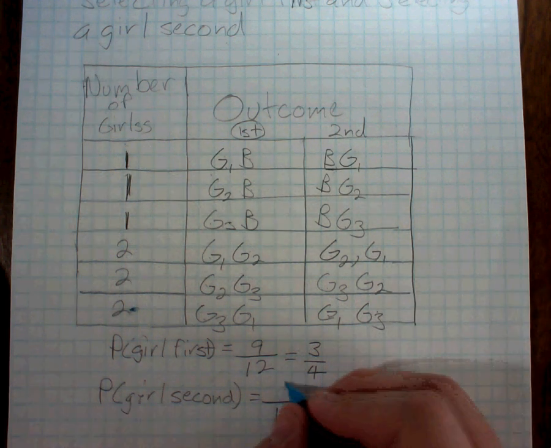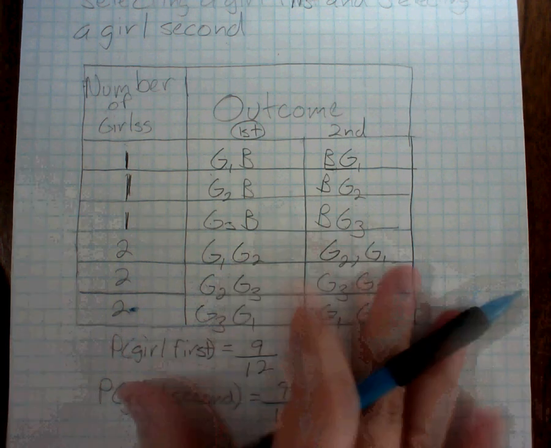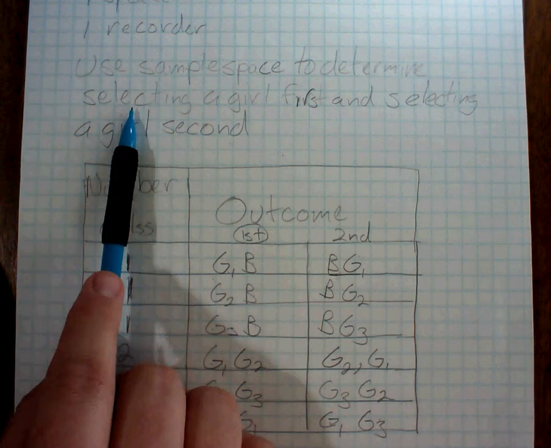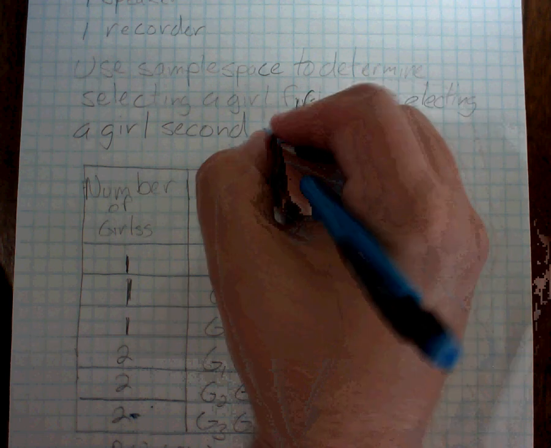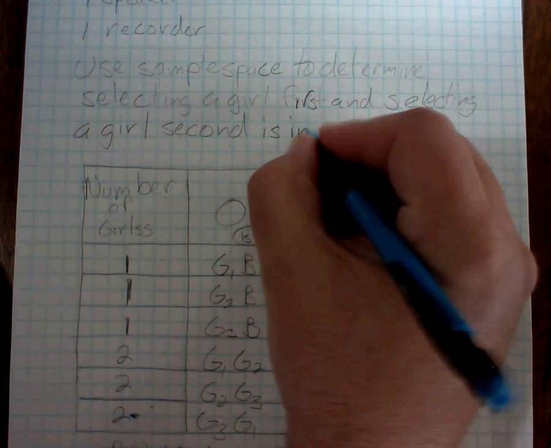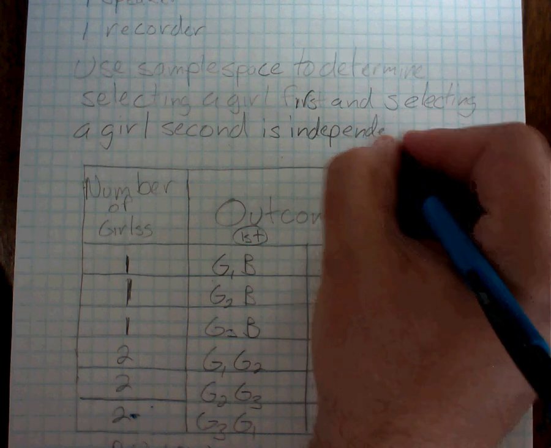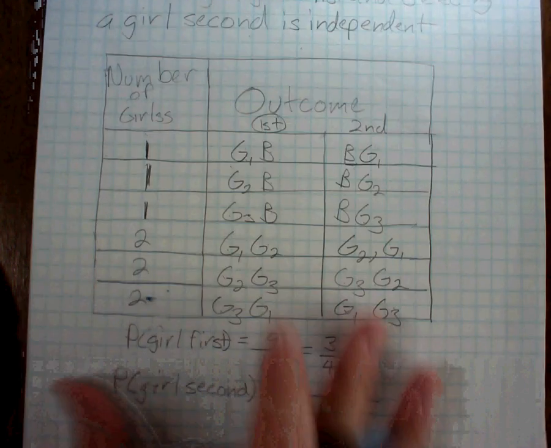So again, I got 9 over 12, so I've got 3/4. But the question they're asking us is, use the sample space to determine if selecting a girl first and selecting a girl second is independent. Oops, forgot to write that down. In other words, are the two events independent? Does it matter if I select a girl first or second?